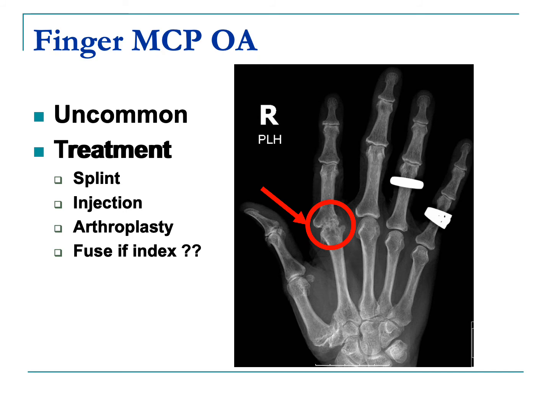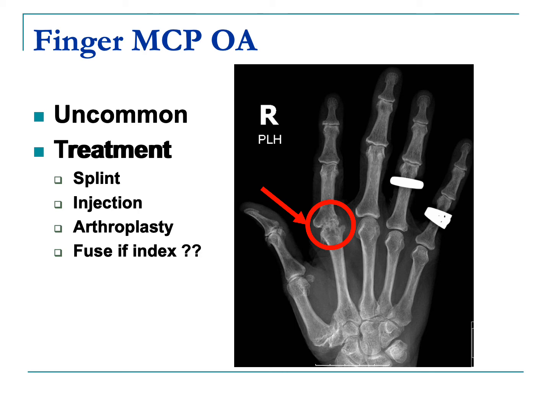Finger MP joint arthritis is relatively uncommon. It seems to affect the index and middle much more so than the ring and small, and may be a form of hemochromatosis. If non-surgical management is not effective, then surgery could be considered.